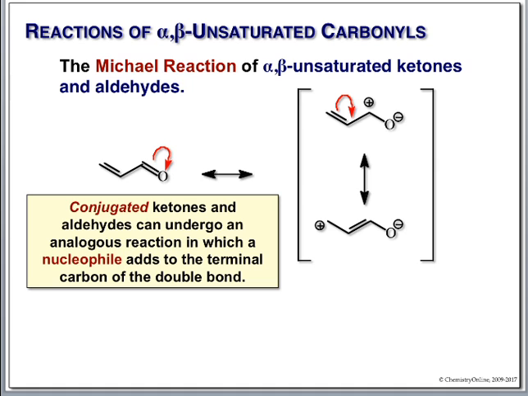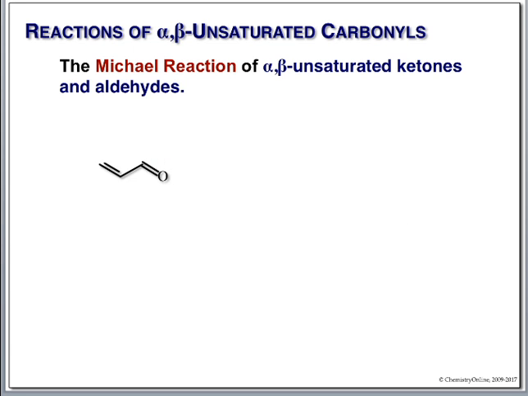So if you have an alpha-beta unsaturated carbonyl, you can do 1,2 or 1,4 additions. Just to review, the alpha is the double bond furthest from the oxygen? Alpha is right next to the carbonyl, and beta is the one next. Later on, we're going to do gamma too. That's the one out here.